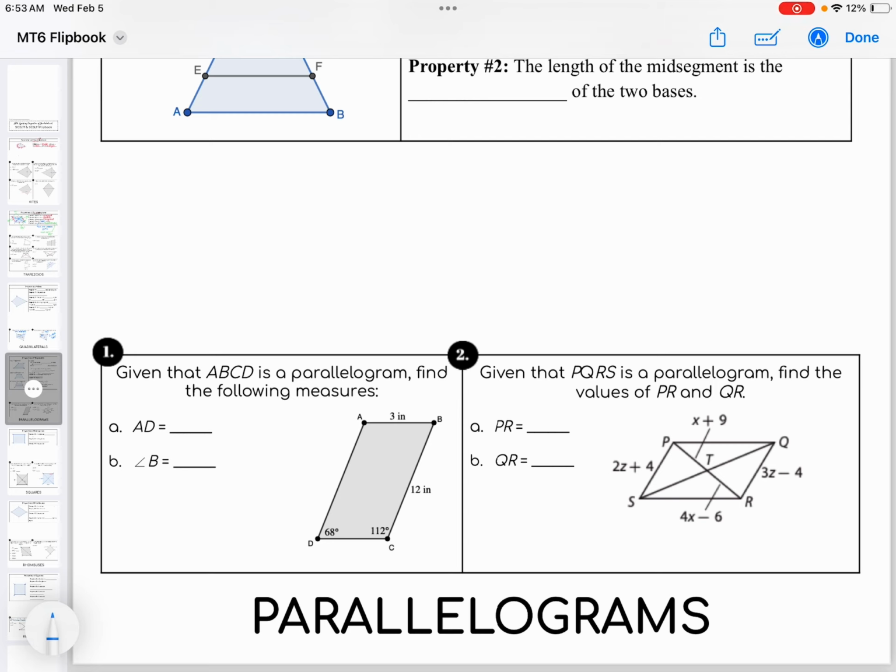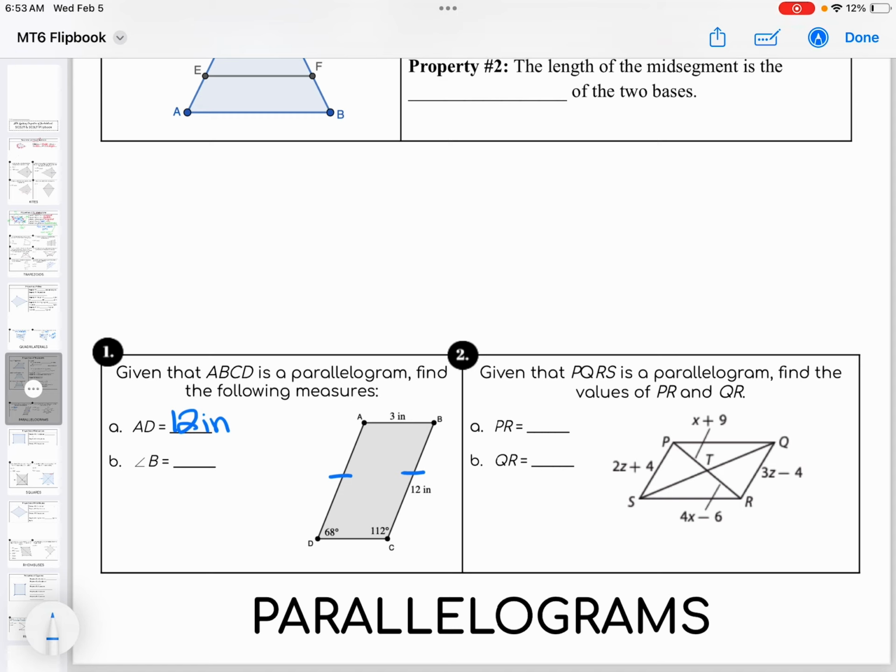So let's try to figure out in this parallelogram what the measurements are. So we're looking for what AD is. So I am marking AD, and because I know in parallelograms the opposite sides are congruent, that means it's going to be congruent to BC. So if BC is 12 inches, then AD will also be 12 inches.